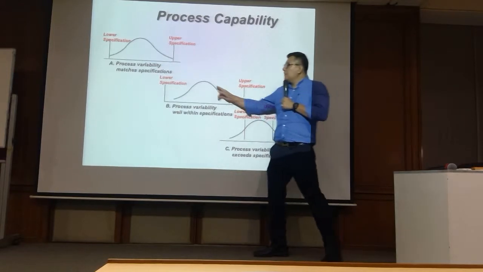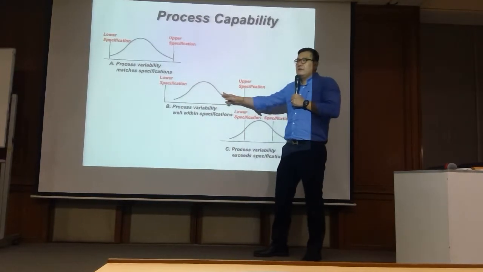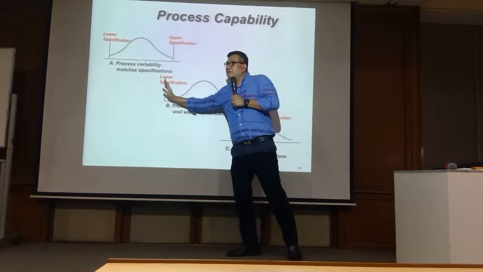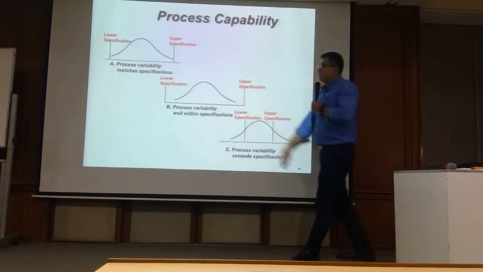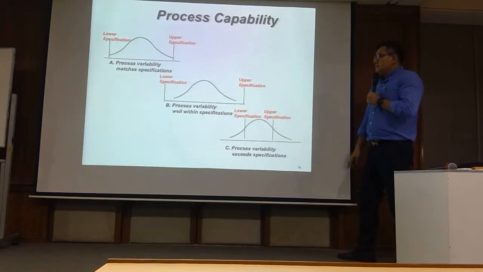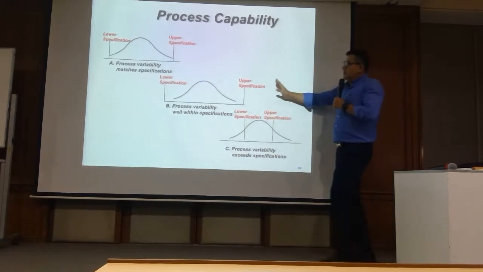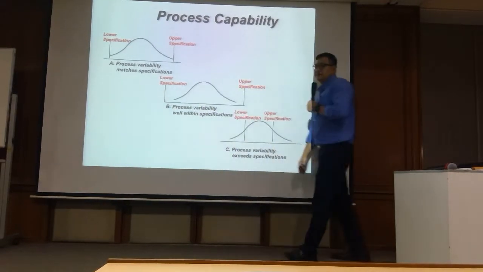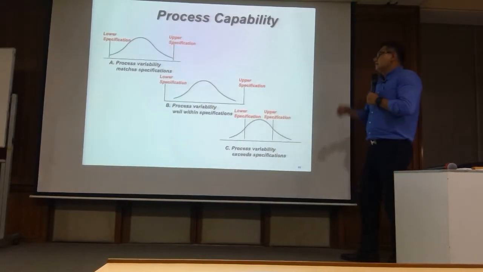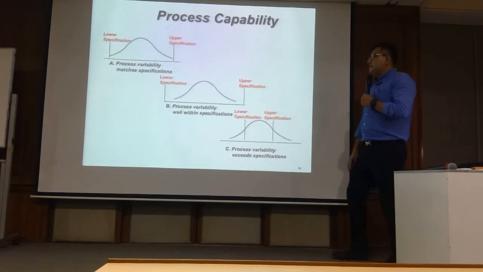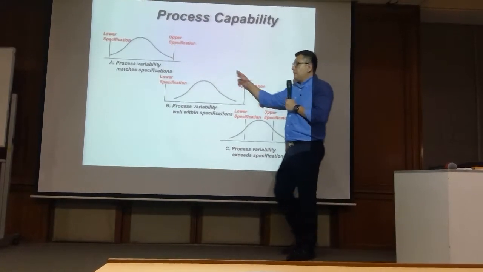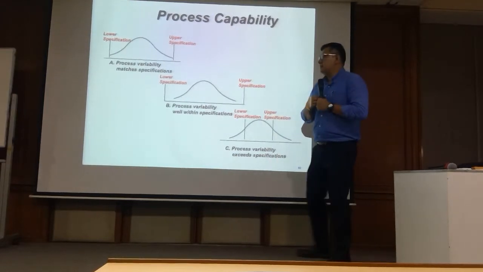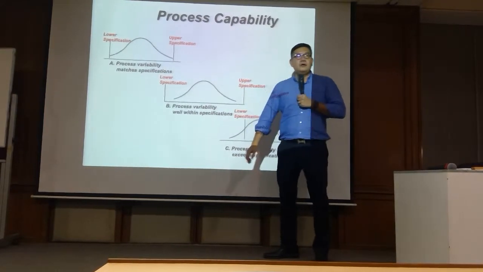In figure B, the distribution stays within the spec, but not too close to the limit. Based on this figure B that we prefer, how can we make sure that our process is capable just like this?